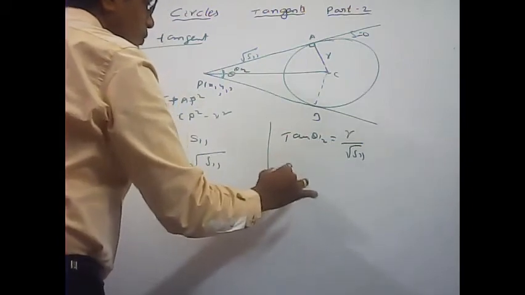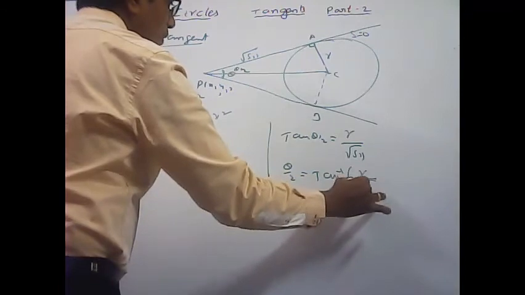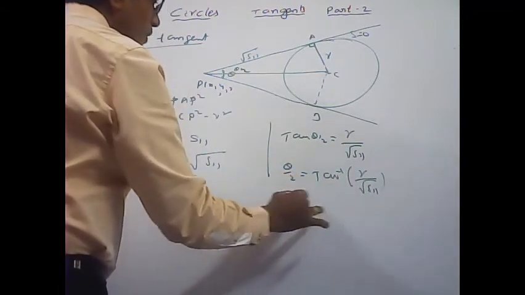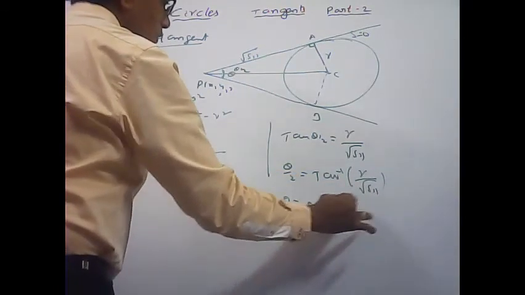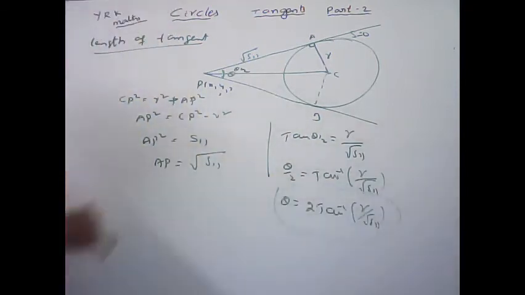So theta by 2 is equal to tan inverse r by root S11. So theta is equal to 2 tan inverse r by root S11. Theta is the angle between two tangents.